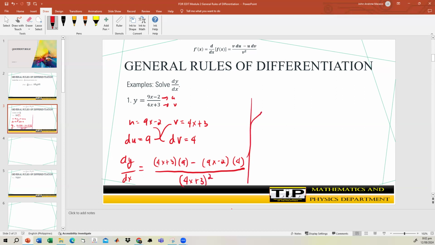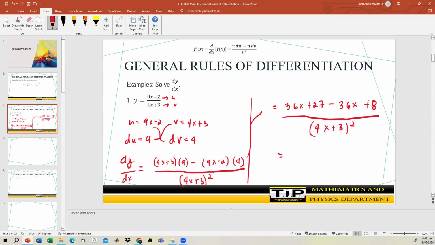Then if you simplify this, of course, this will lead to 4x times 9, that's 36x. 3 times 9, that's 27. Minus 9x times 4, that's negative 36x. Then 4 times negative 2, that's negative 8. But we have a negative in here, so this will become positive 8. Don't forget the denominator, that's 4x plus 3 raised to 2.